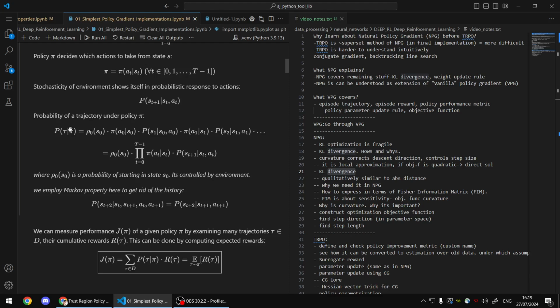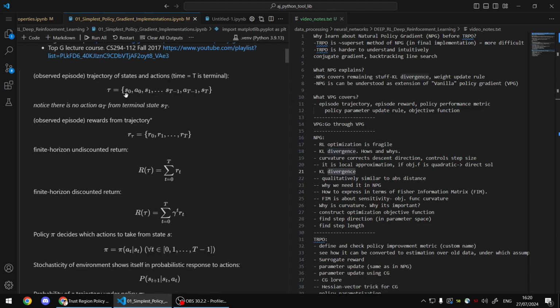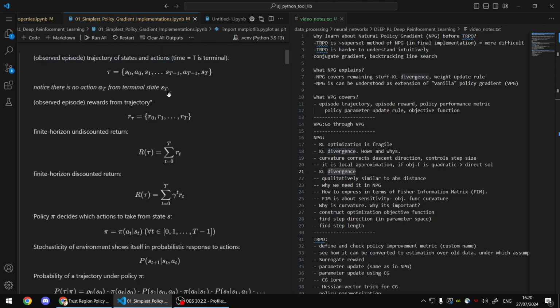the probability of a trajectory is a product of different probabilities. Some of them are environment controlled, some of them are agent controlled. So basically, if we have a chain of trajectory from state 0, we take action 0, and then it brings us to state S1, and so on and so forth.